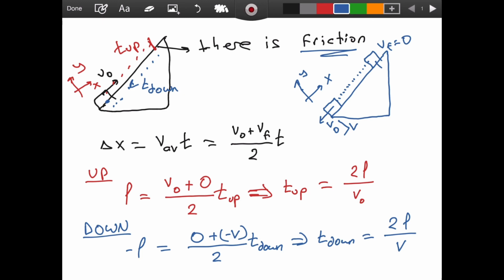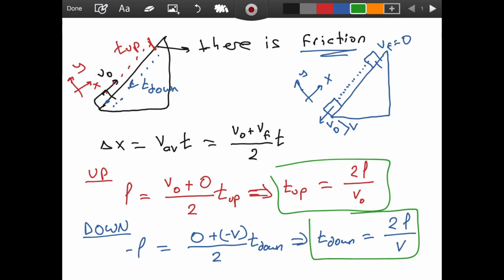So this is all great, and we are at a point where we are really close to the end of the question now. If we look at these formulas, one for t up and one for t down, you see that we have 2 and L, those are constants, and we have division. The only difference is v naught and v.